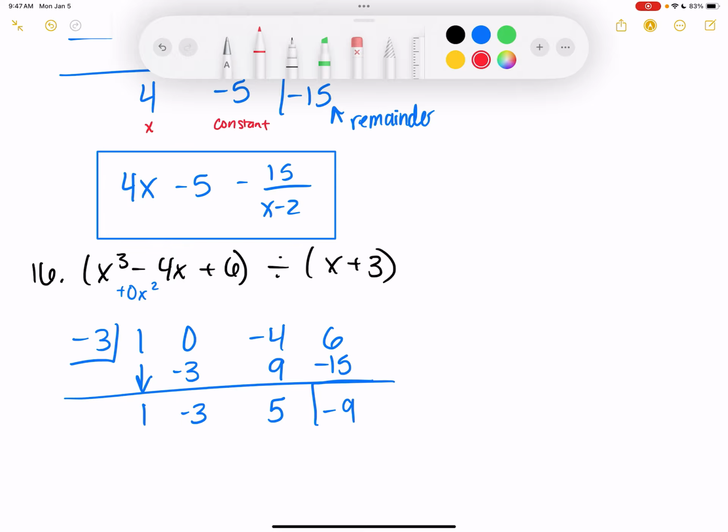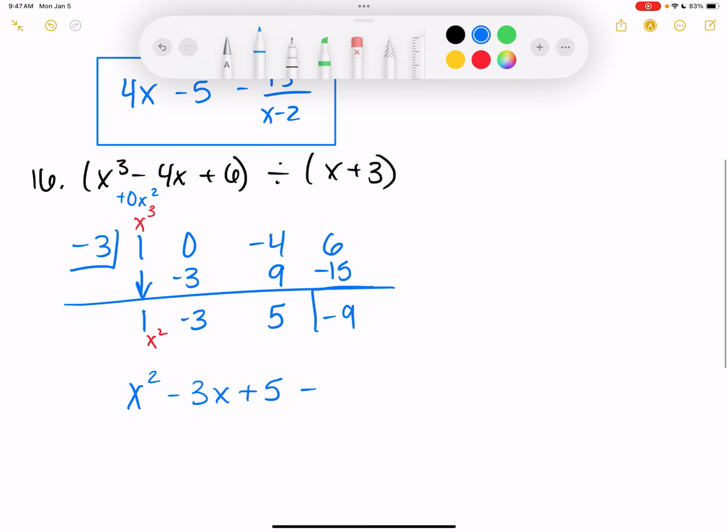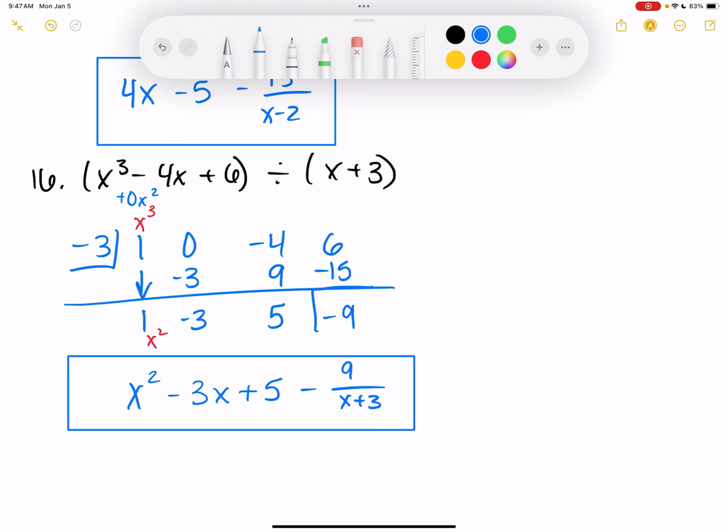To go back, this was an x cubed term. Once I've divided, this is now an x squared term. So I have x squared minus 3x plus 5, and then minus 9 over x plus 3. And that's your final answer.